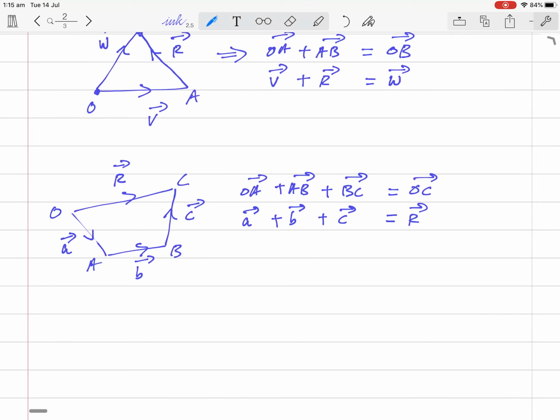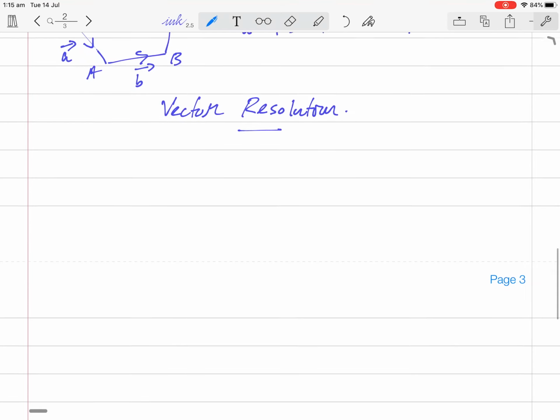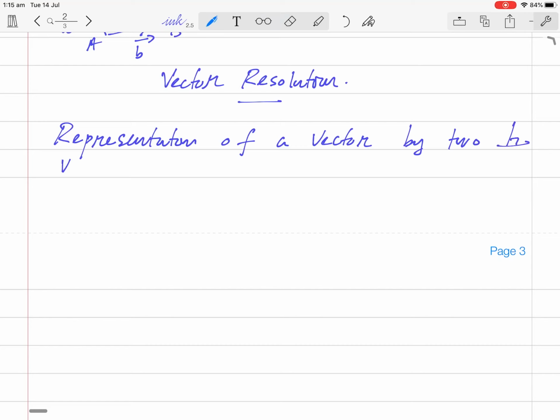Now let's talk about how to do the vector resolution. So what is vector resolution? Simply we can say this is a representation of a vector by two perpendicular vectors.